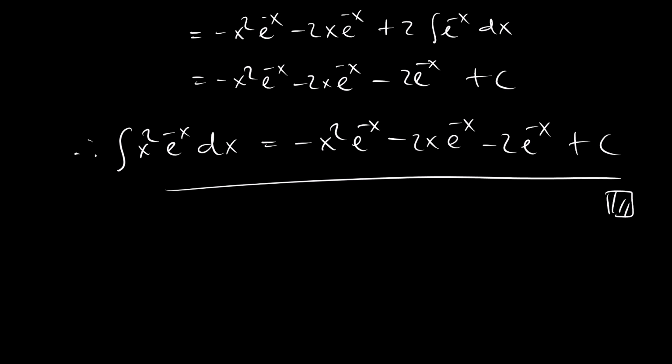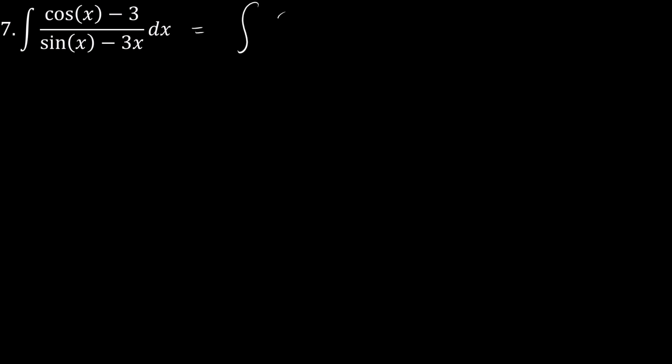Okay, let's move on to problem number 7, which is the indefinite integral of cosine of x minus 3 over sine of x minus 3x. So this is an interesting problem. It's just very easy to say, okay, the numerator looks like the derivative of the denominator.